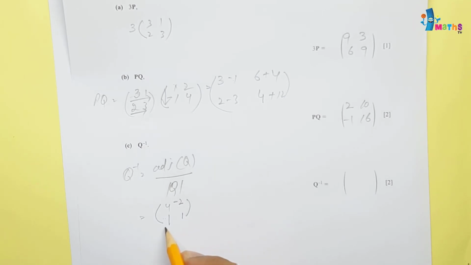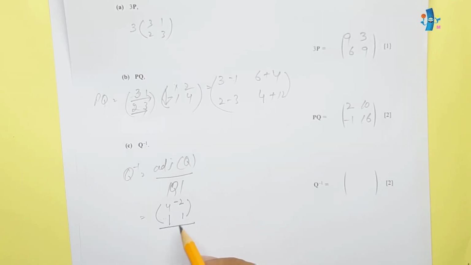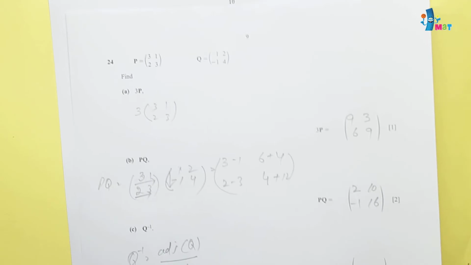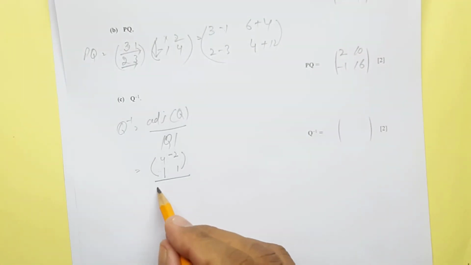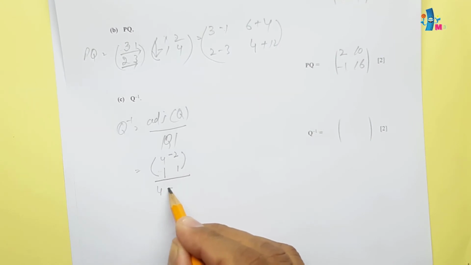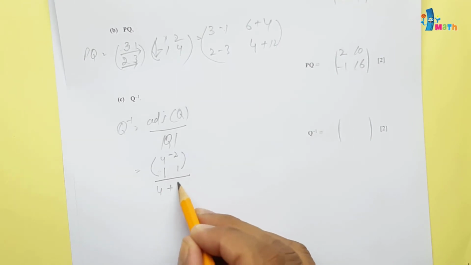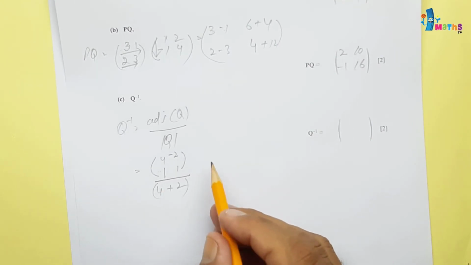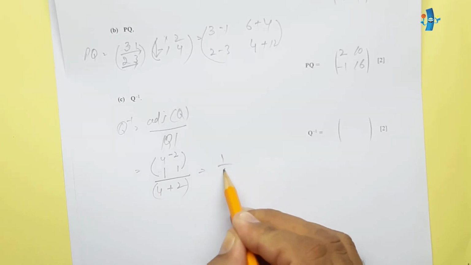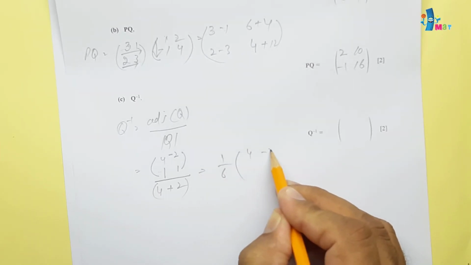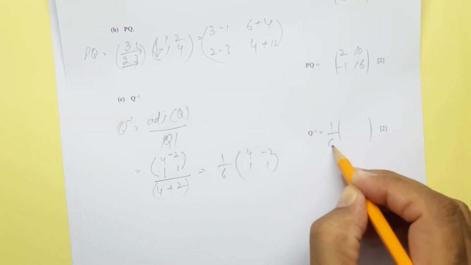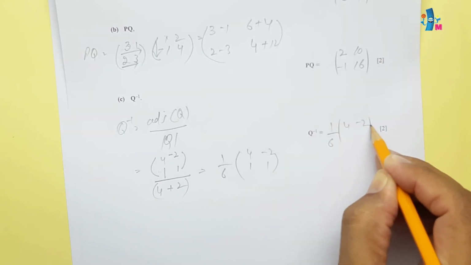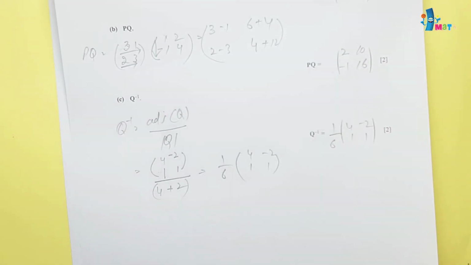Q mod will be this multiplied by this: 1 into 4 will be 4, and minus 2 will be changing to plus 2. So this will be 4 plus 2, which is equal to 6. So Q inverse is 1 over 6 of 4, minus 2, 1 and 1. We'll write here the answer.